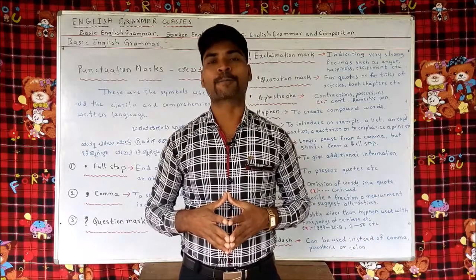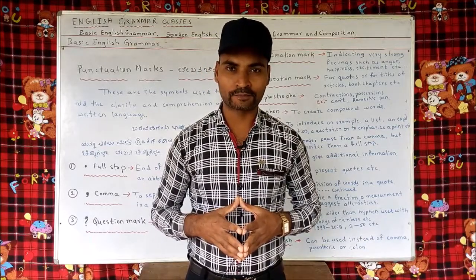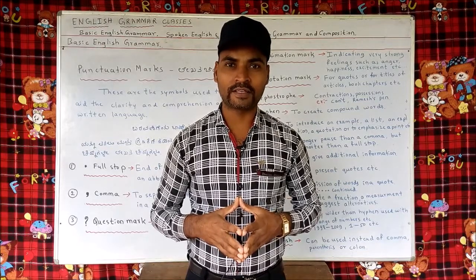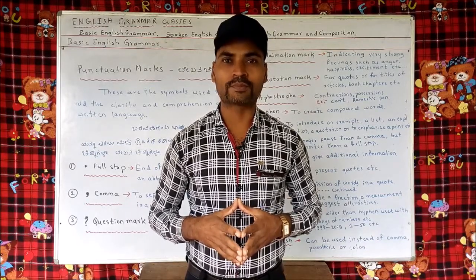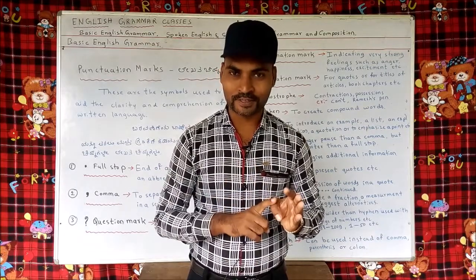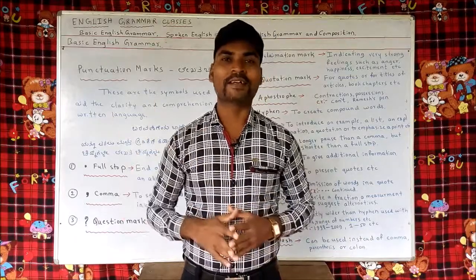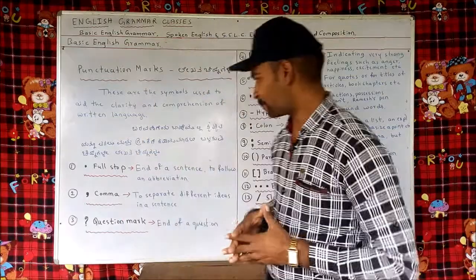For example, Shashi was getting ready to go to school. She put in her bag books, pens, lunchbox, etc. After the books we use comma, after the pens we use comma. Like this it is used to separate the ideas.